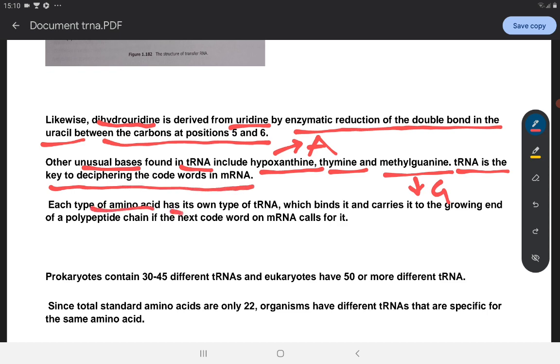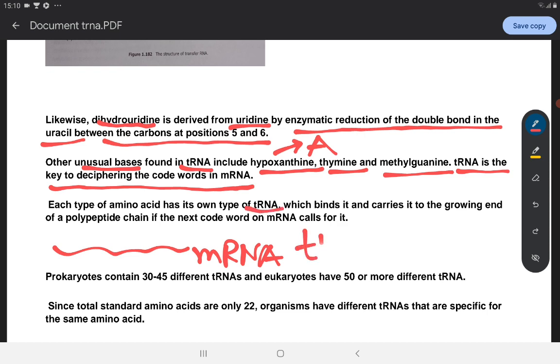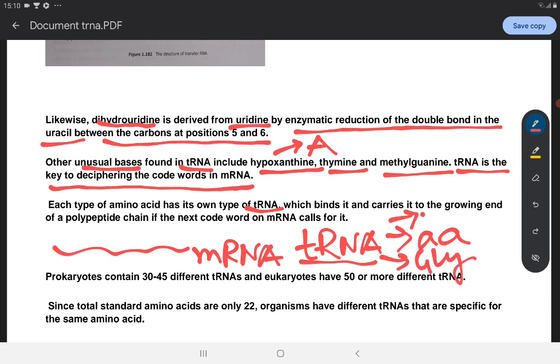The tRNA is key to deciphering the code words in the mRNA. Each type of amino acid has its own type of tRNA which binds to it, carries it to the growing end of the polypeptide chain if the next code word on mRNA calls for it. So what this is telling us is that there is an mRNA which encodes the protein sequence, and every tRNA is specific for one amino acid, right? For example, one tRNA can be specific for glycine, another tRNA can be specific for valine, right?